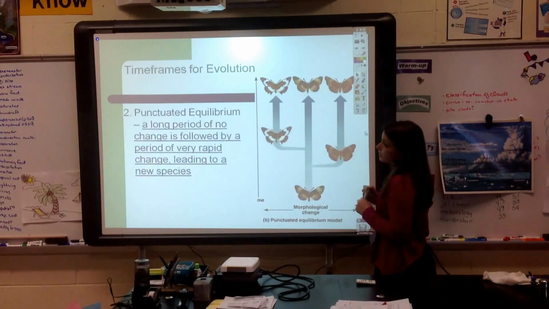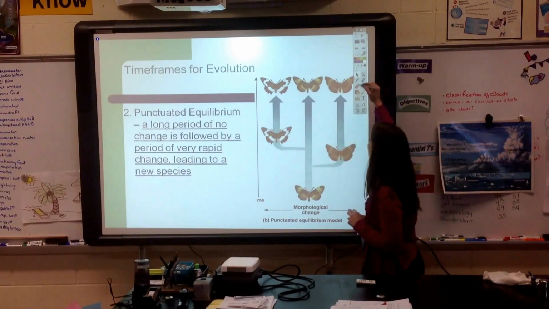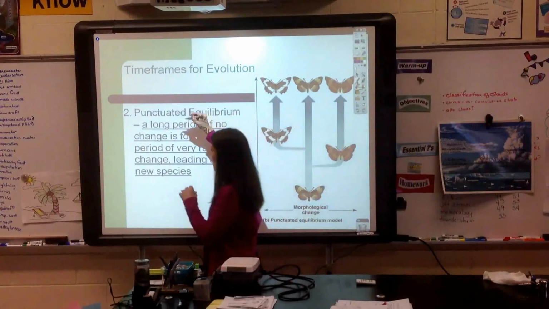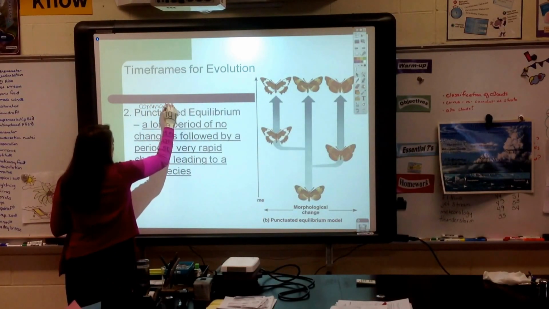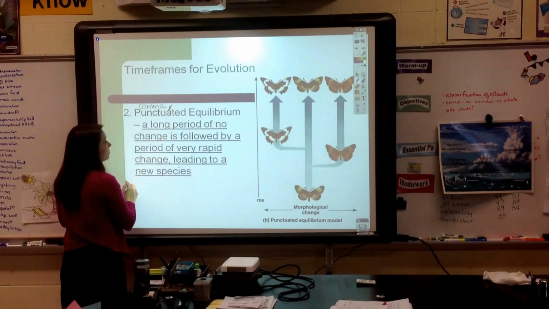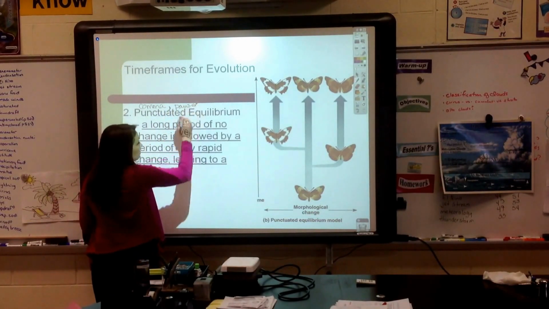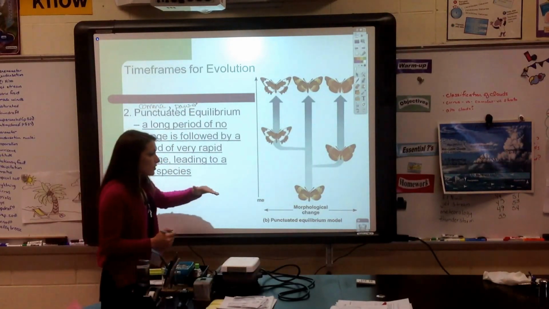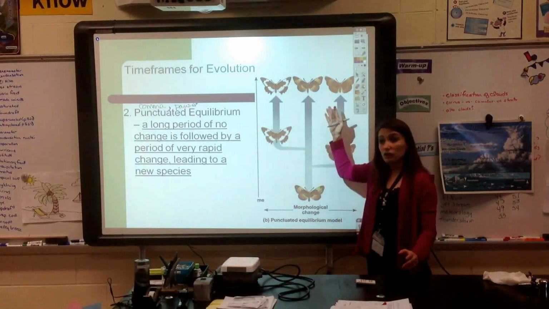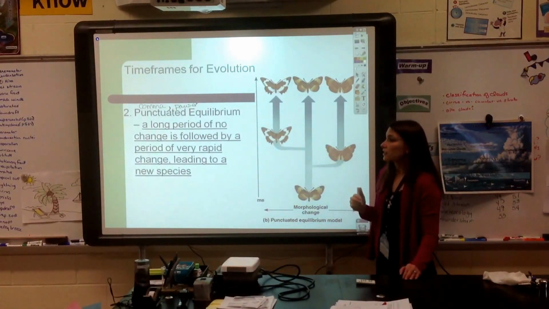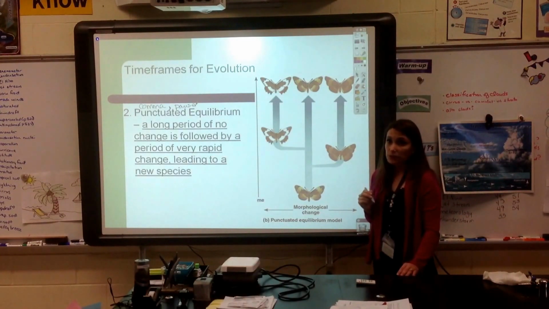And then we have something called punctuated equilibrium. Punctuate, think of like a comma, like the punctuation mark, a comma means to pause. So punctuated equilibrium is where we have no changes for a really long period of time, and then all of a sudden drastic changes. And so all of a sudden we end up with new species.